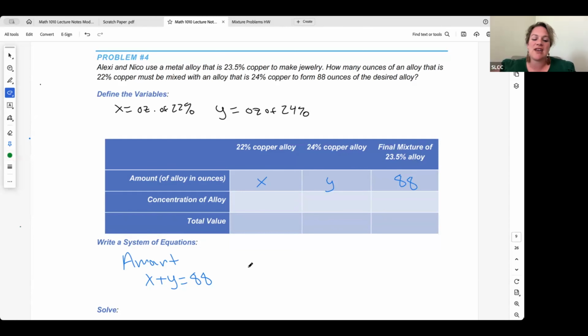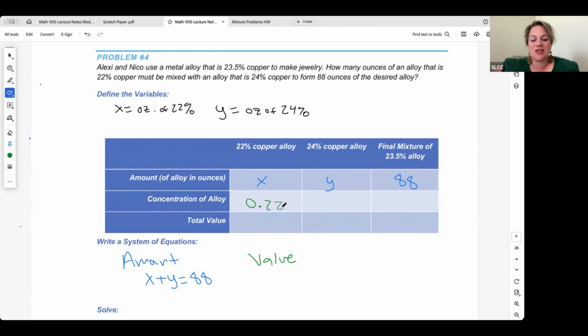Then we can create our value equation. What value will you tack on? Notice the x was the 22%, so make sure to make that a decimal. The y was 24%, make that a decimal, and the total is 23.5%, so also make that a decimal.